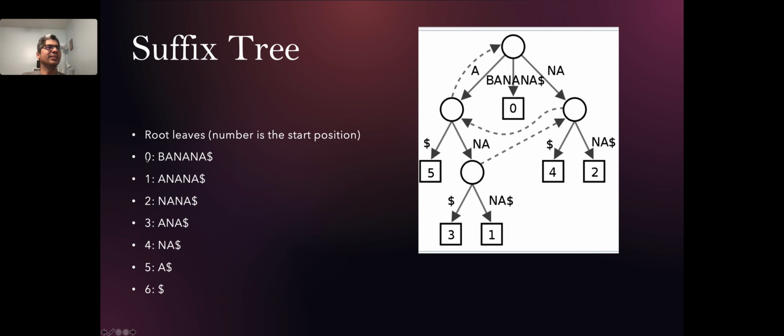Some start from 0, some start from 1, but let's assume that it starts from 0. So the suffix 0 would be the one that starts at position 0. The 1, and 2, 3, 4, 5, 6, and so on. So these are the 6 possible suffixes of the word banana, and we will arrange them in a tree like that.